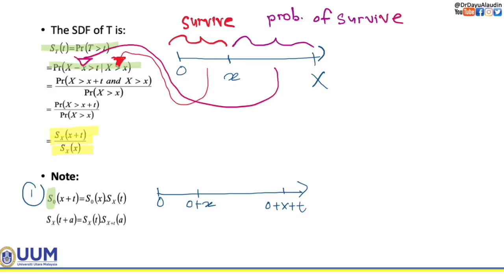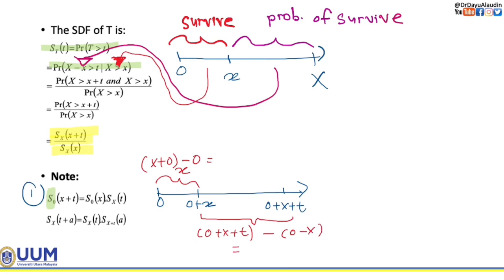So the period here becomes x plus 0 minus 0 equal to x, and here it becomes t.